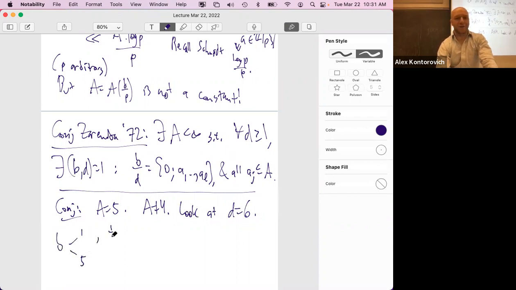And then the fractions: B over D is 1/6, which has partial quotient 6, or 5/6. For 5/6, when you take the reciprocal, you get 1 over 6/5, and 6/5 is 1 plus 1/5. So here there's a quotient that's bigger than 4, and here there's a quotient that's too big.